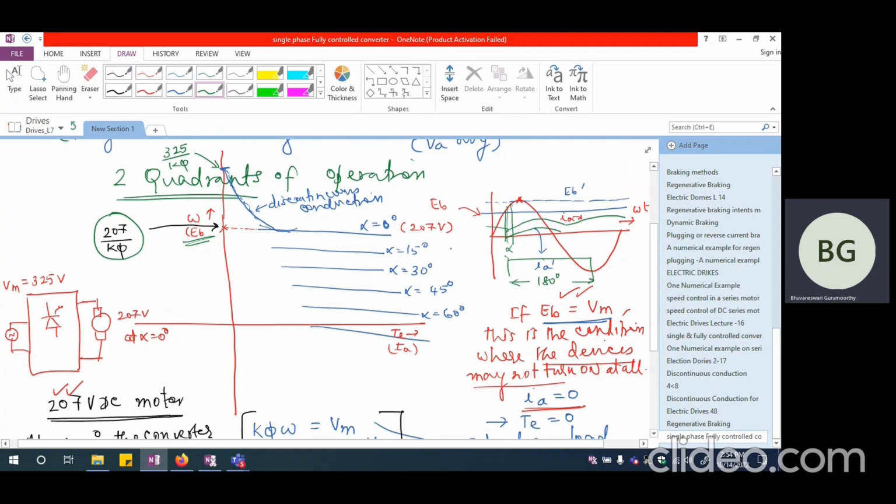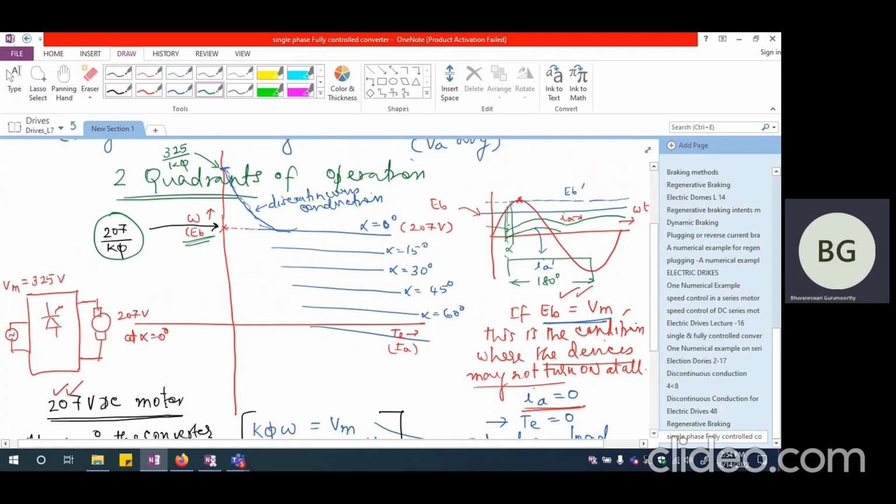So if I am taking alpha equal to 45, from alpha equal to 45 to 225 degrees, I would have had the firing pulse continuously coming up. So within that interval, at least at some point, my device would turn on if the back EMF had been less than Vm.